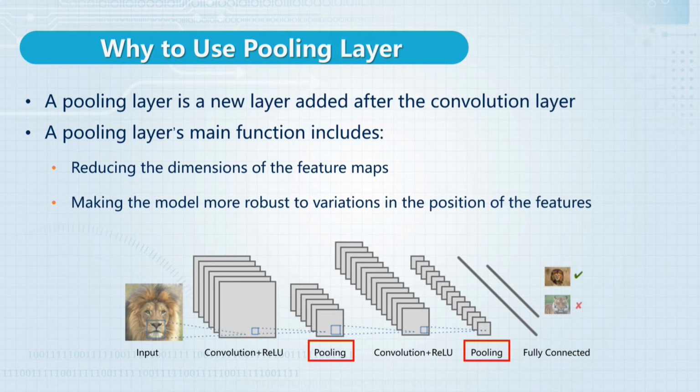So, further operations are performed on summarized features instead of precisely positioned features generated by the convolution layer. This makes the model more robust to variations in the position of the features in the input image.